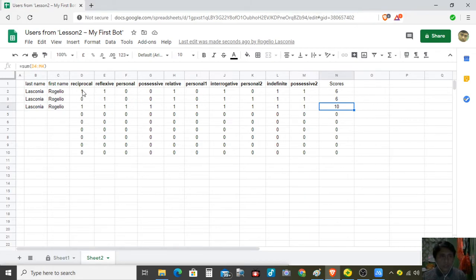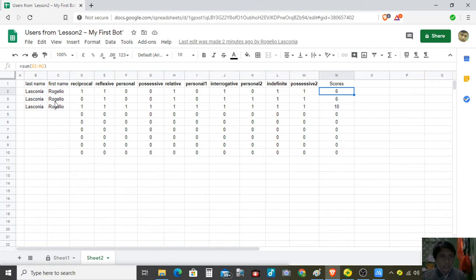Again, you define the IF function for reciprocal, reflexive, personal, possessive, relative, interrogative, and so on, and it has the summation of the score.